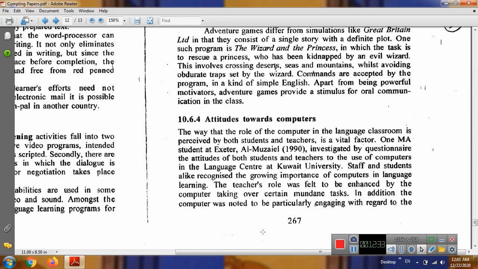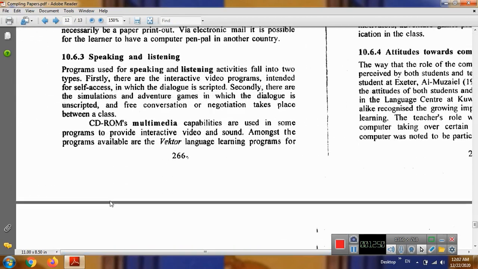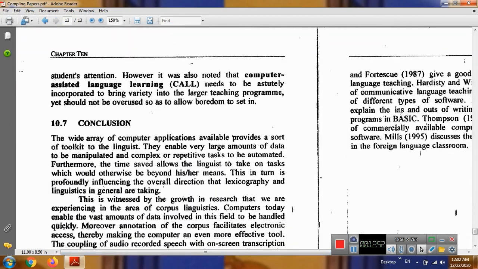The teacher's role was felt to be enhanced by the computer taking over certain mundane tasks. In addition, the computer was noted to be particularly engaging with regard to students' attention.